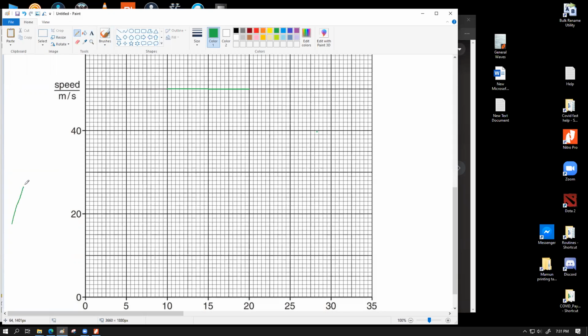So the line should look smooth like this. It cannot look like this. For example, like this, and then there is a visible sharp corner, and then a horizontal line. There cannot be a corner like this.